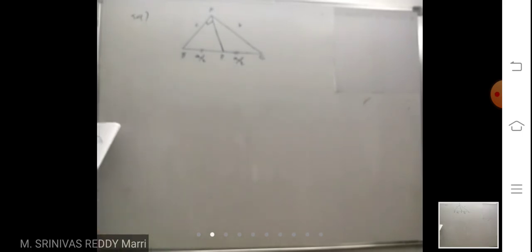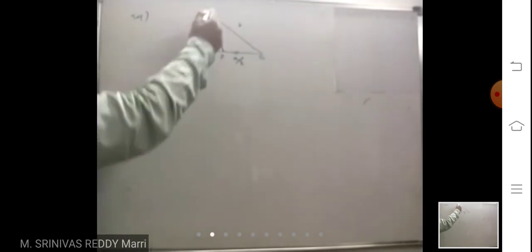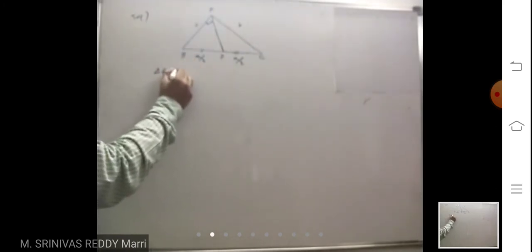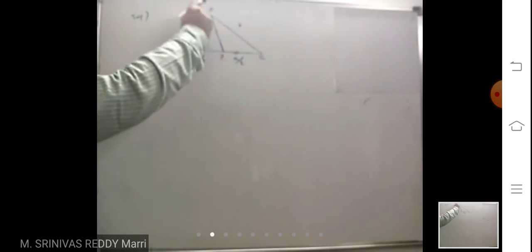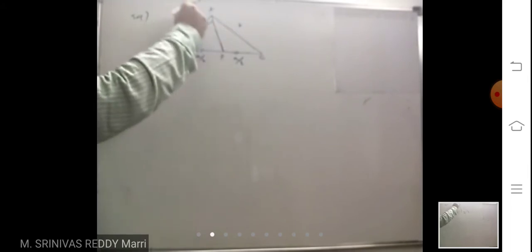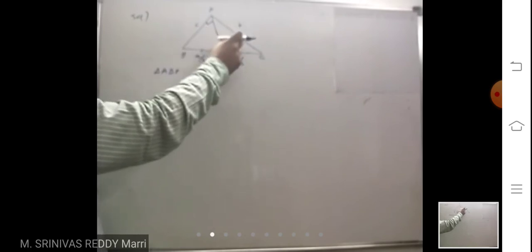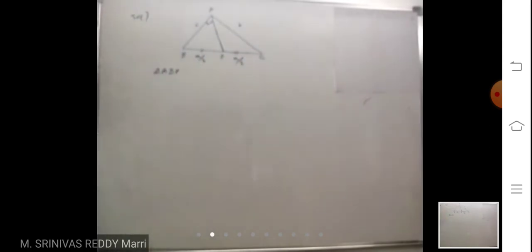Look at here. So what I am doing is, from triangle ABD, I am calculating what is AD. I am taking this triangle and this triangle. From this triangle, I am calculating AD. I am writing the sine rule.